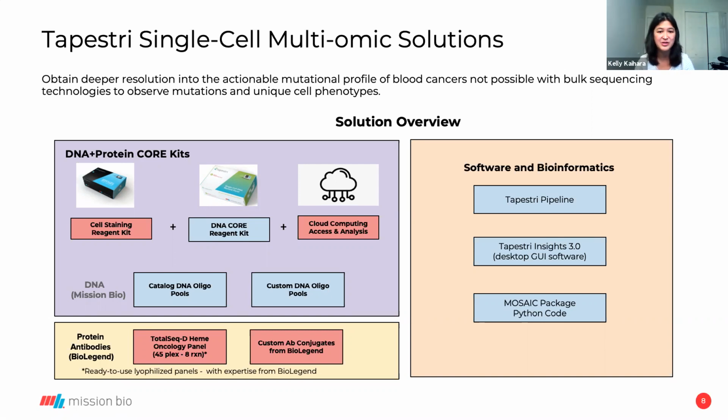And then we offer Tapestry Insight software to do tertiary analysis, where now we get to take all of those reads across all of those cells and interpret them into biological significance. We offer Tapestry Insights, which is a desktop GUI software, as well as the Mosaic package, which is Python code in order to do more advanced analysis. And so today we'll really talk about these two software packages in depth, Tapestry Insights and the Mosaic package with a live demo.